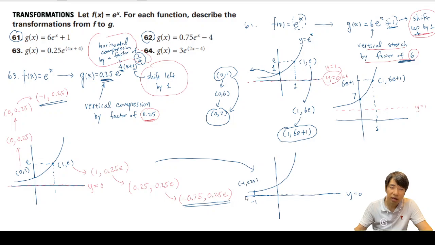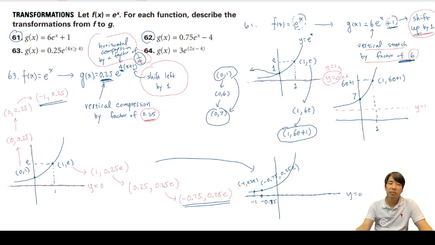And the second reference point is at 0, comma 0.75, so it's like here. So this point right there must be 0, comma 0.75.